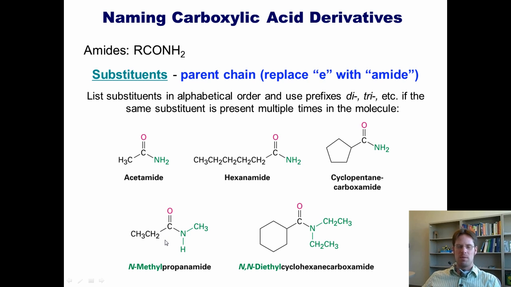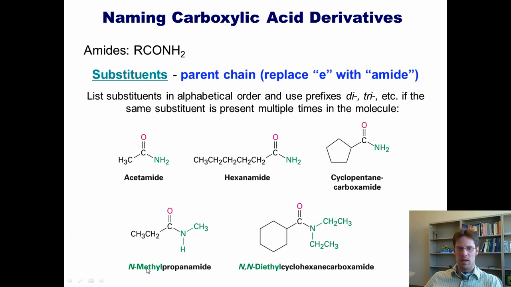Now here's an amide that's kind of interesting. This is an amide that has a methyl group coming off of the nitrogen itself. How do we handle that? Well, we name the base amide itself by counting how many carbons there are in the parent chain. There are 3, so it is propanamide. But then to denote that there is a methyl coming off of the nitrogen, we put at the beginning of the name an italicized letter N with the substituent name methyl.